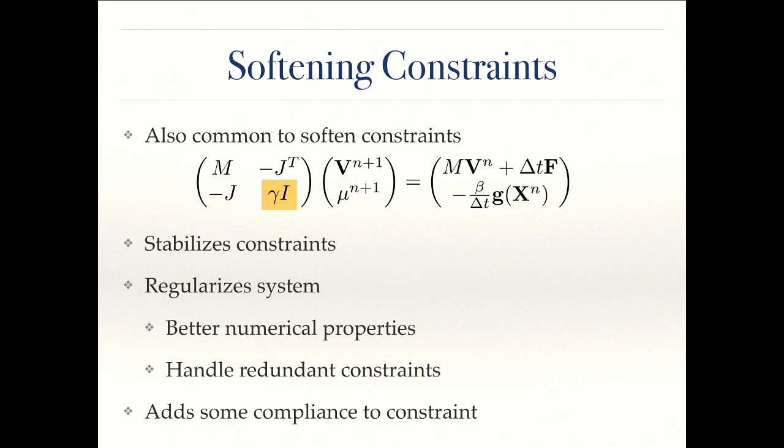And so systems like this are also common to see, where we have slightly softened constraints and they're also stabilized this way. This gives us better numerical properties to this system, and it can also get rid of problems with redundant constraints. But it does tend to add a little bit of compliance to the constraint to soften them a little bit, so you might also get a little bit of constraint violation.